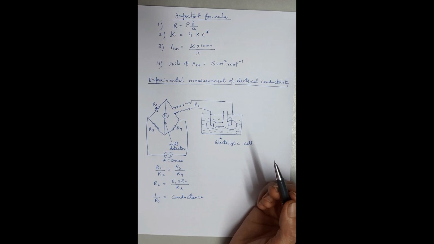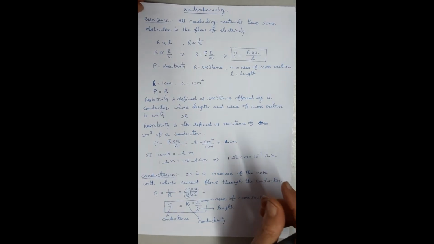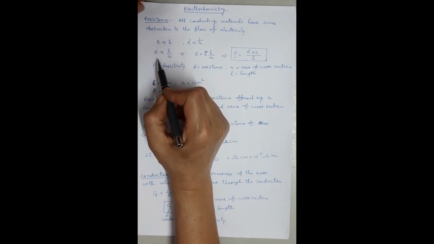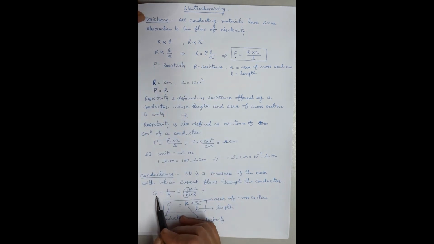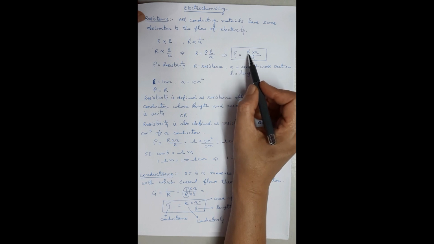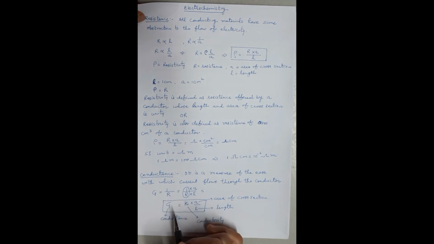So children, this is the end of today's class. Let me revise what we have done in this class. One is resistance, which is represented by R. Inverse of resistance is conductance, which is represented by G. We have also discussed resistivity, which is rho, and whose formula is R into A by L. And inverse of resistivity is conductivity, which is represented by kappa.